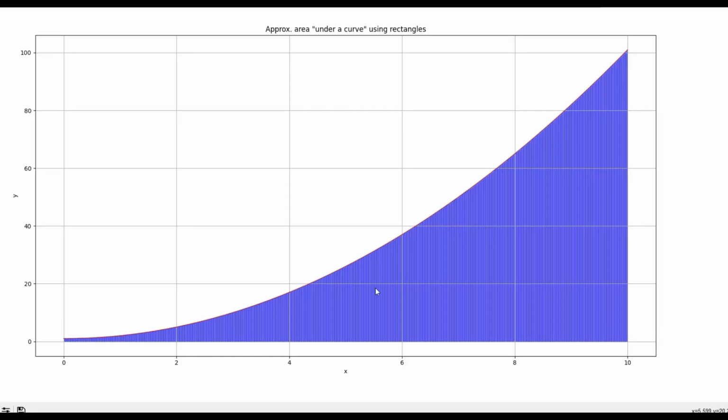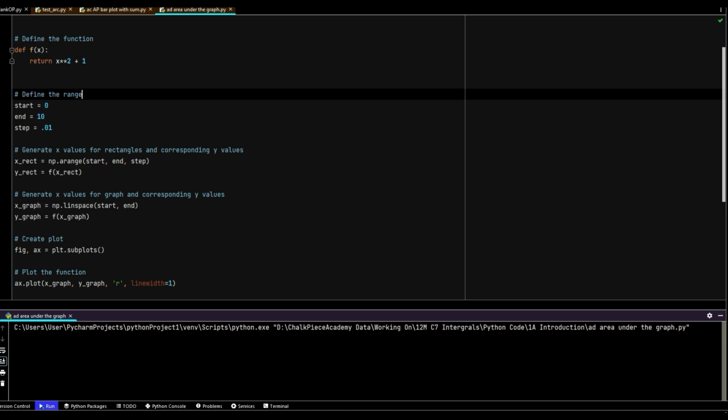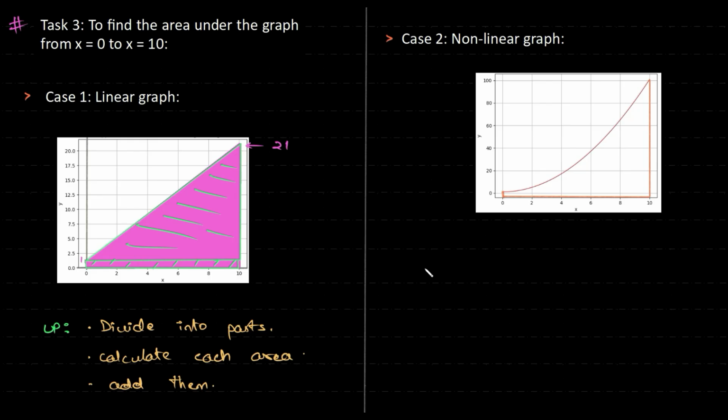Right? So you can see, are you able to see that? I don't know if your resolution is good enough. So I'm able to see a bunch of lines. So we have a lot better answer than what we had at the start. So you can see there are gaps, is it not? This is clear. So yes, we are able to find the area of the structure by doing what?